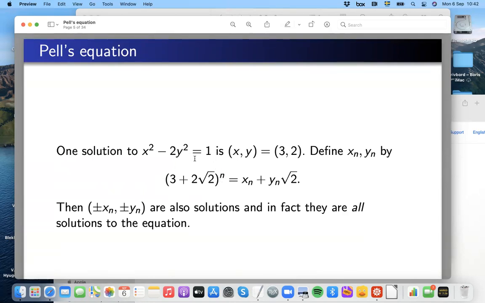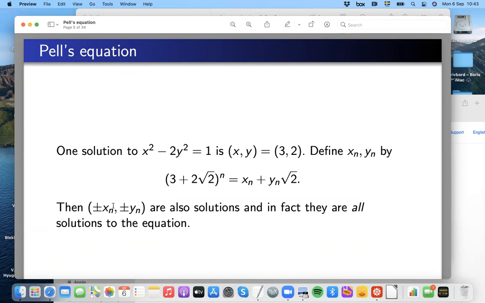If we take (3 plus 2 square root of 2) to the power n, and decompose it into integers and integers times the square root of 2, we get x_n plus y_n square root of 2. And the claim, which is not very difficult to check, in fact a nice exercise, is that (x_n, y_n) gives us a solution to Pell's equation.